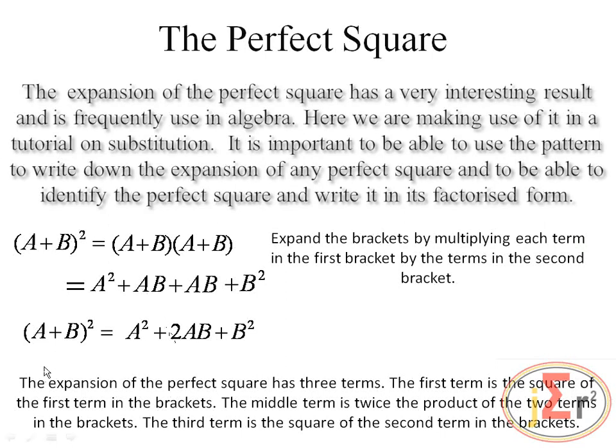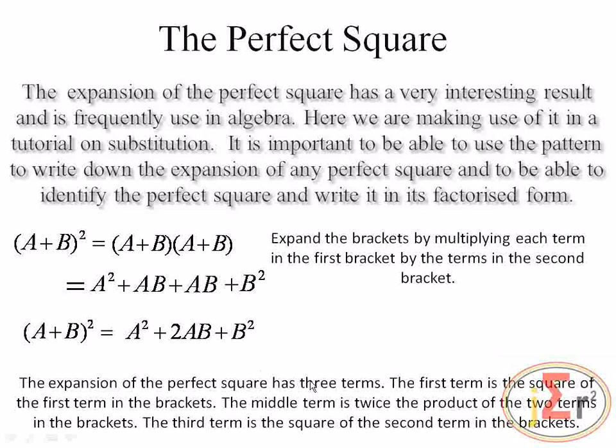So we have (a + b) all squared. We square the first term, which is this term. We square it, the result is a squared. The middle term is 2 times the first times the second. 2 times a times b. That's what we have there, 2ab. And then the final term is the square of b, which is no doubt b squared.